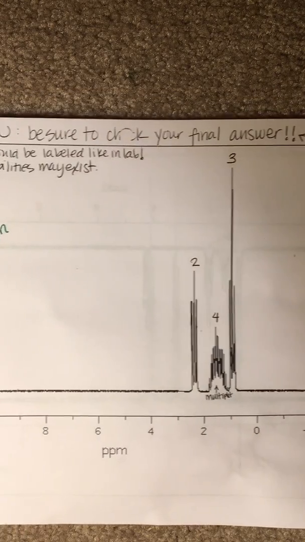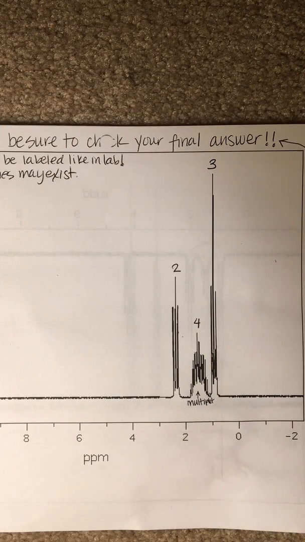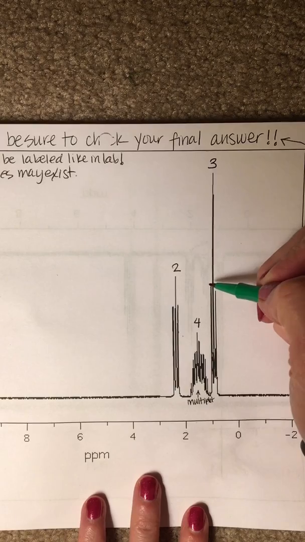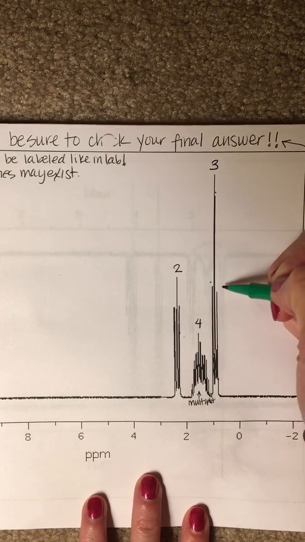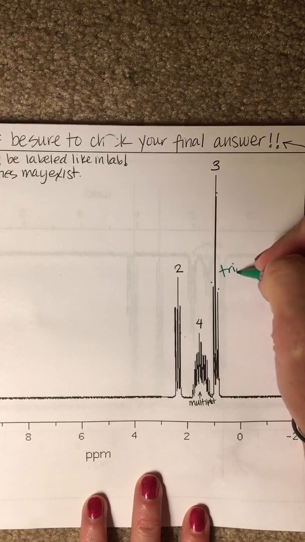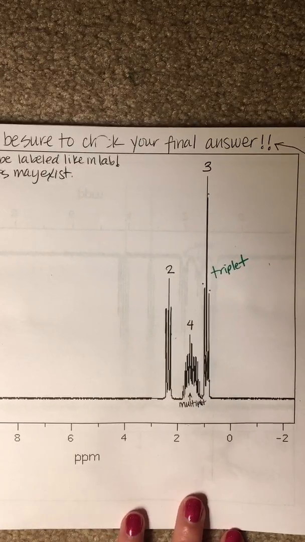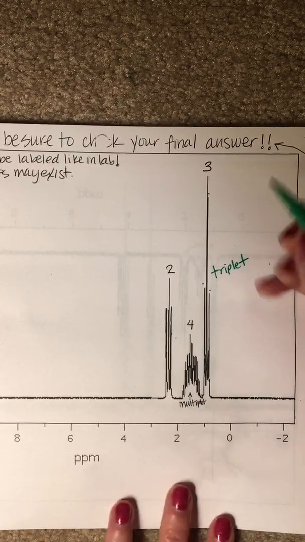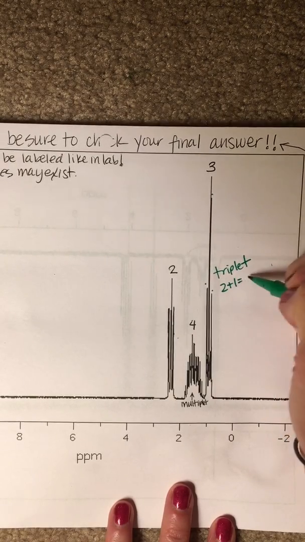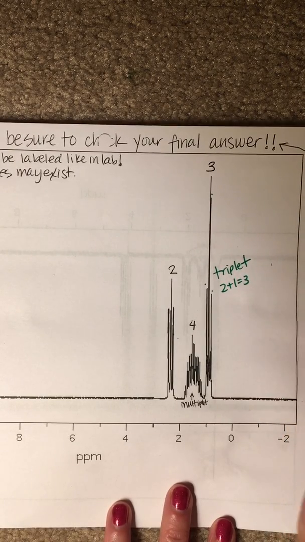Now let's shift over here, and then we'll put our pieces together. Right here, we've got 1, 2, 3. We have a triplet. Okay, so how do we get a triplet? Well, if you have 2 equivalent neighbors, 2 plus 1 equals 3, which would be a triplet.